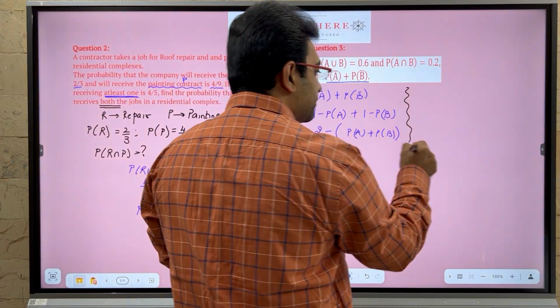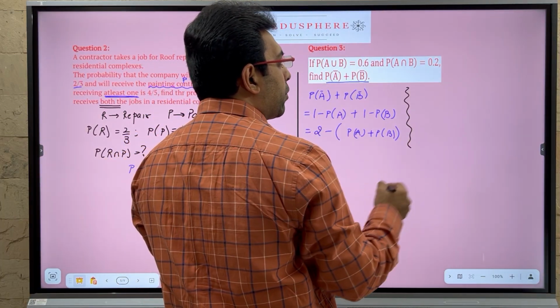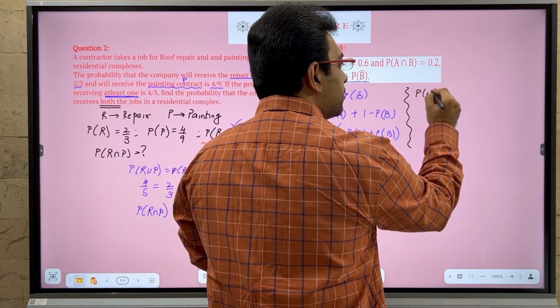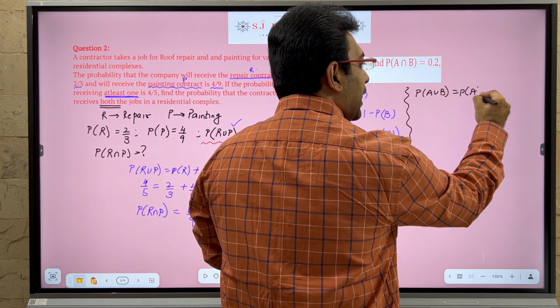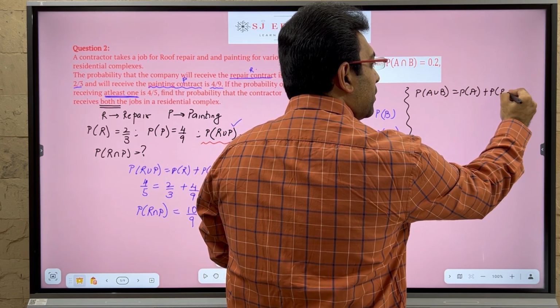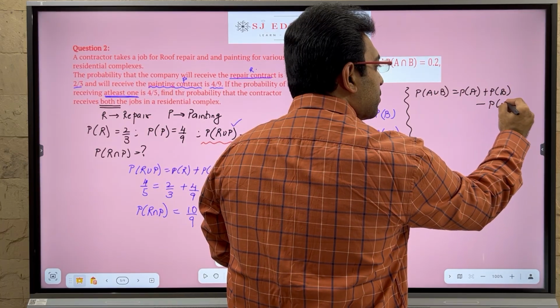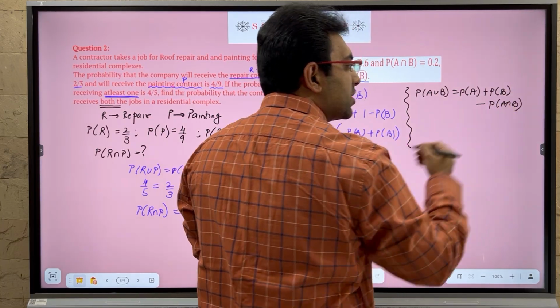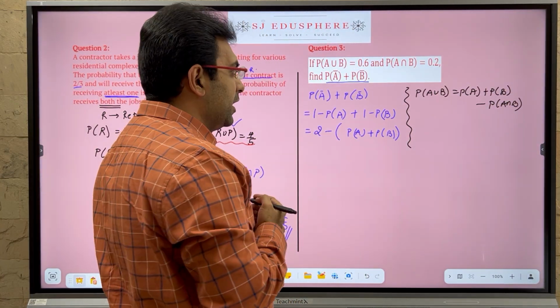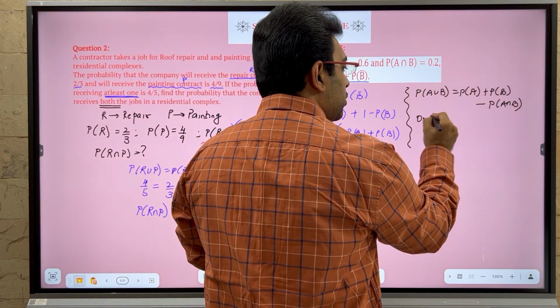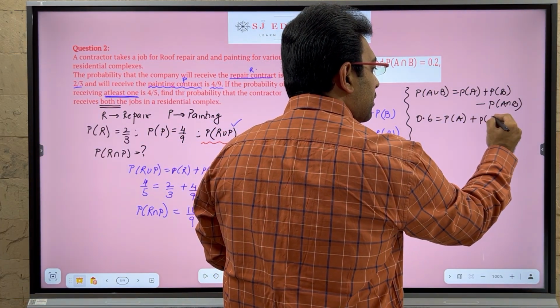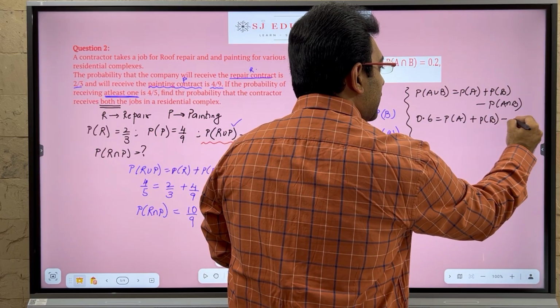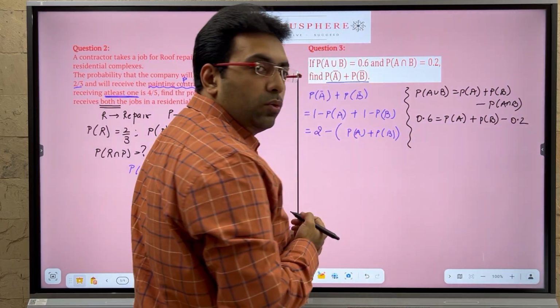In the sum, do I know probability A union B can be written as probability A plus probability B minus probability A intersection B? When I put the values, 0.6 is probability A plus probability B minus 0.2.